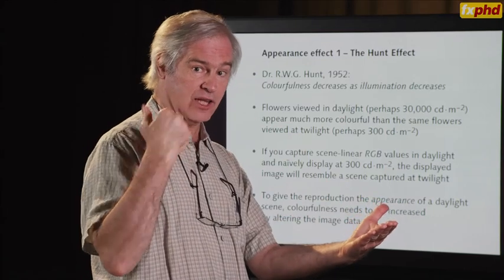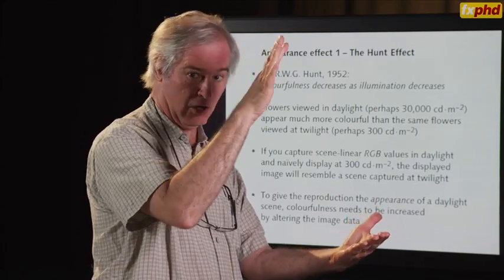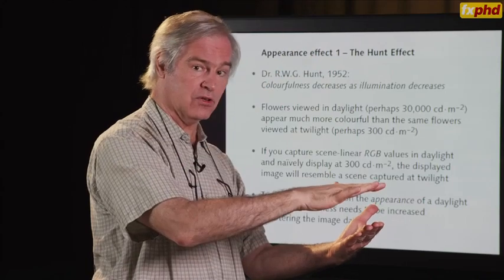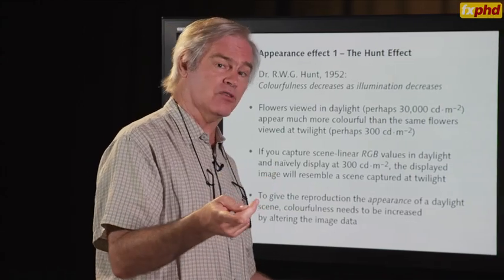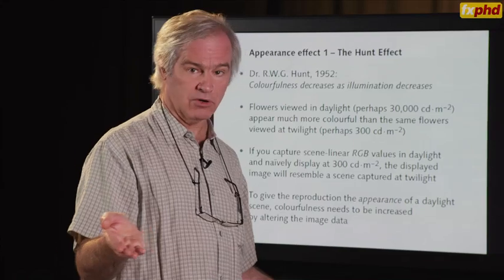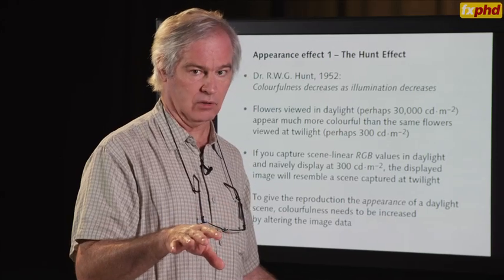And I'd like you to think of this experiment with the illumination spectrum not changing. All that happens is the illumination drops to 1% of what it was. And the thought experiment is, do the flowers look as colorful? And I think you'll agree that they don't look as colorful.